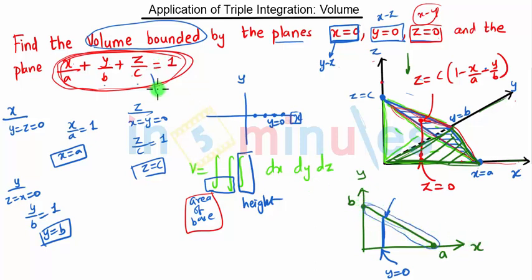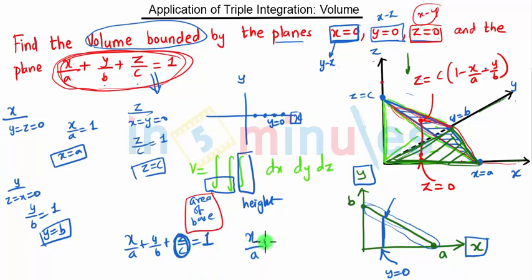Take this equation: x by a plus y by b plus z by c equal to 1. In this we are considering only the xy plane. In the xy plane, z is equal to 0. When we put z equal to 0, we get x by a plus y by b equal to 1. This is nothing but the equation of this line. So from here we get y equal to b into 1 minus x by a.